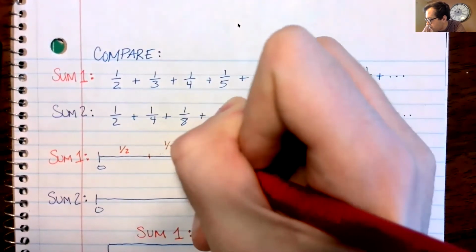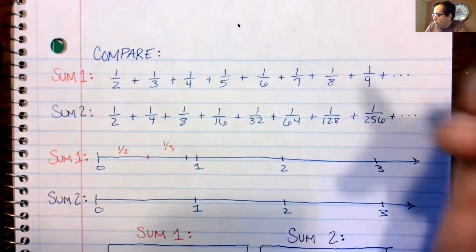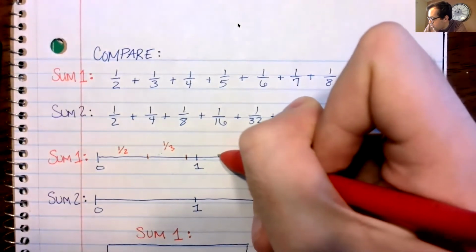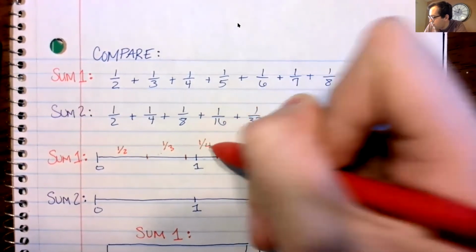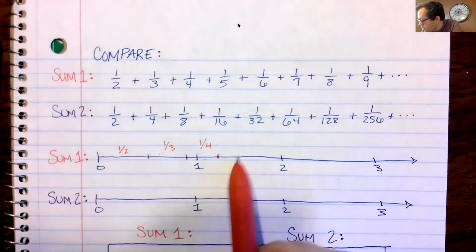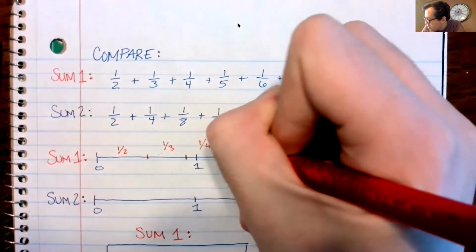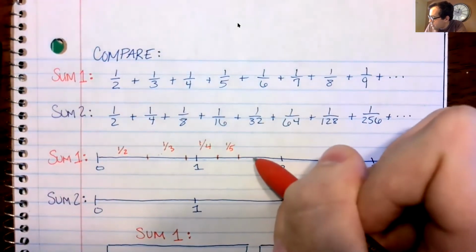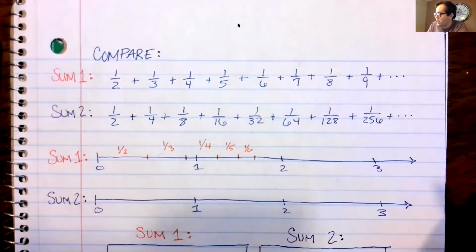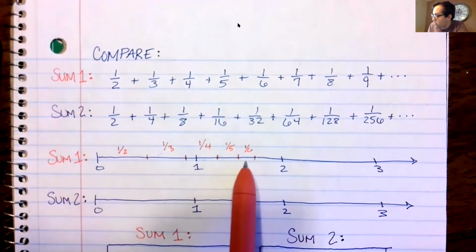And then we get 1/4, which is going to take us to, I don't know, right around here. And then we get 1/5, probably right around here. And then we get 1/6. And you can see I already got past 1.5.